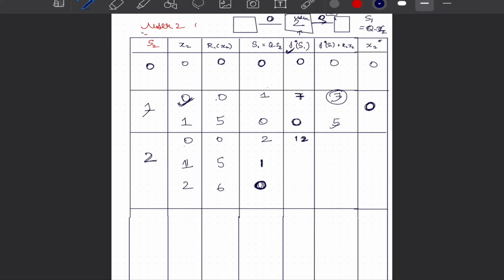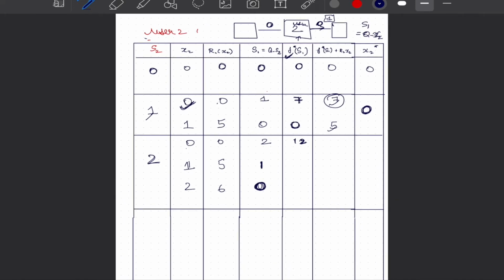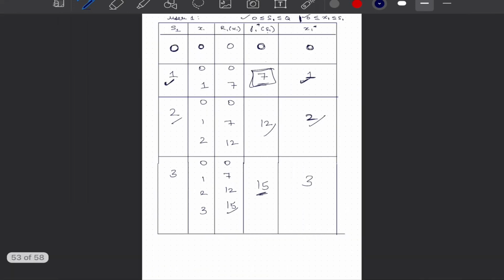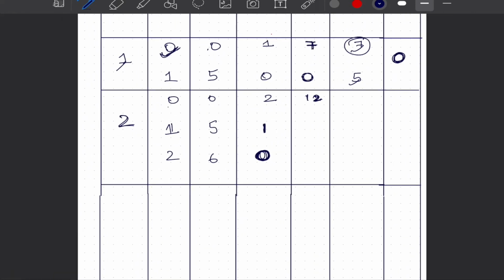So again, what we will do, we will identify the optimal solution from the user 1 table. So if we have 2 units of water, our optimal allocation is 2 with a return of 12. So what we will do here, we will write the return of 12, and the allocation doesn't matter here. We only care about how much water we are allocating.